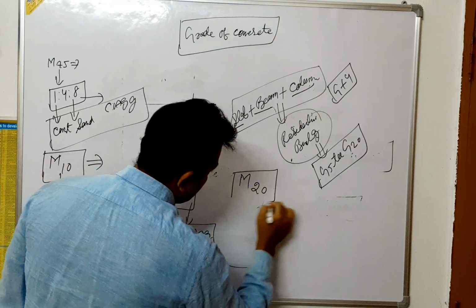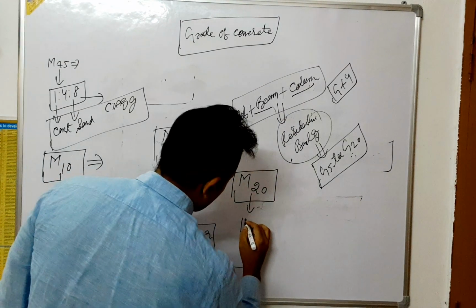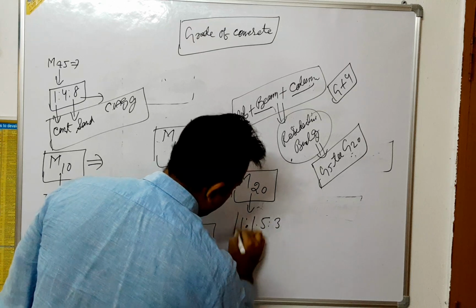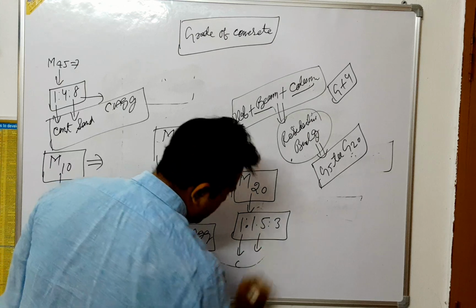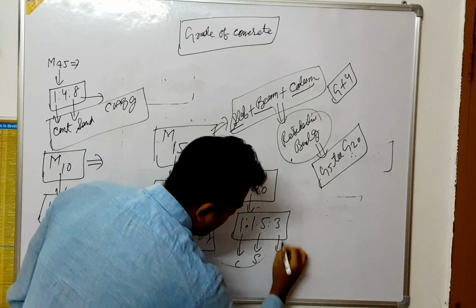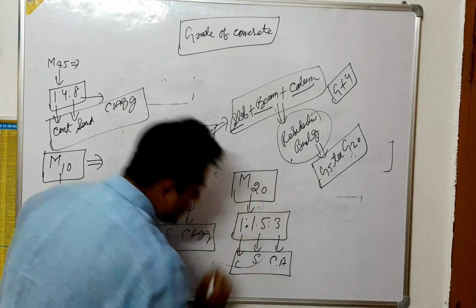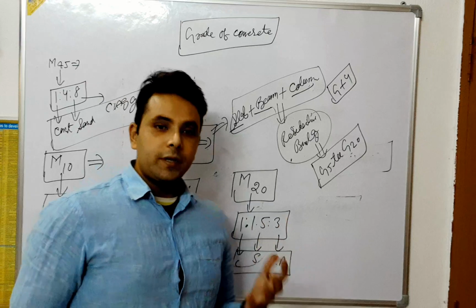Now M20. See, the proportion of M20 is 1:1.5:3. 1 bag cement, 1.5 bag sand and 3 bag coarse aggregate. Where can we use M20 grade of concrete?